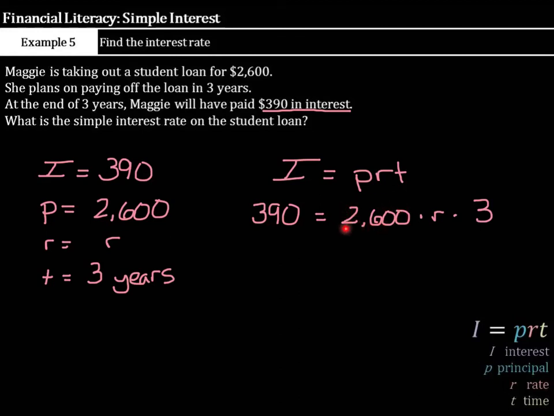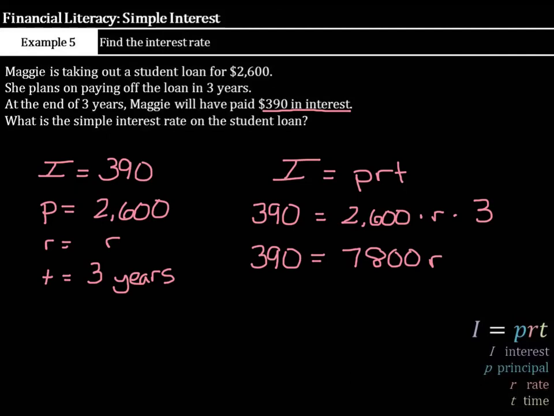We can look at this 2,600 and this 3 and multiply them together. The 390 is going to stay on the left side, equals, again, 2,600 times 3 is going to equal 7,800, and we're still left with our R.